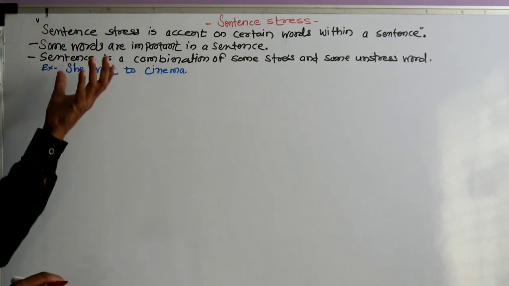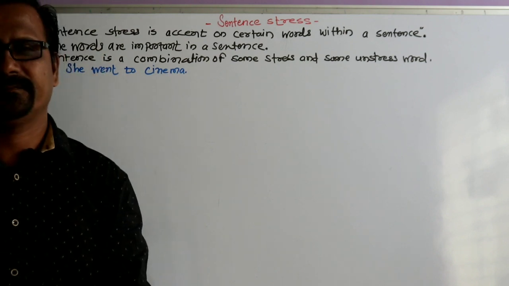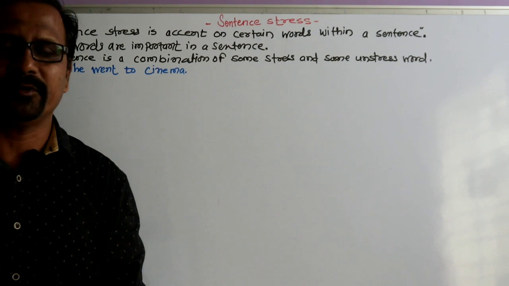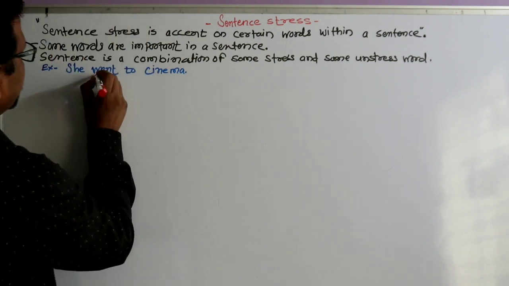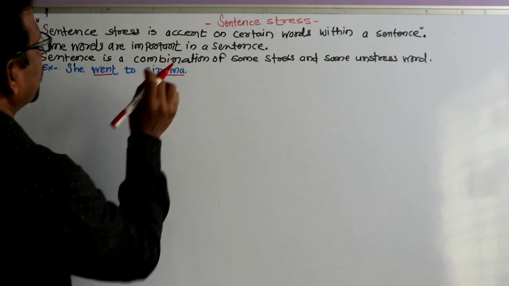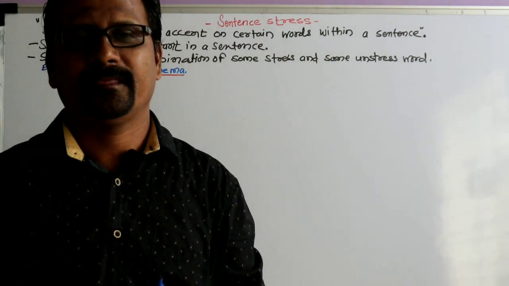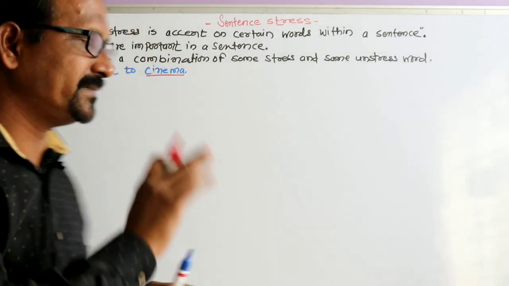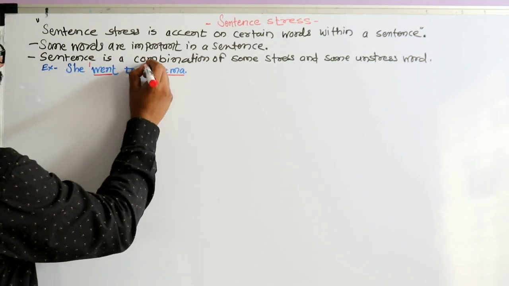It consists of 1, 2, 3, 4 words. But every word is not important here. The words went and cinema, these both words are very important. And so these words are trace. So we are giving the trace on it: went, cinema.